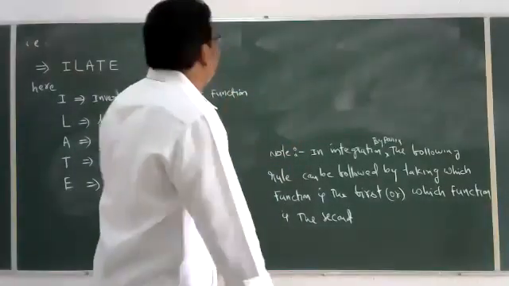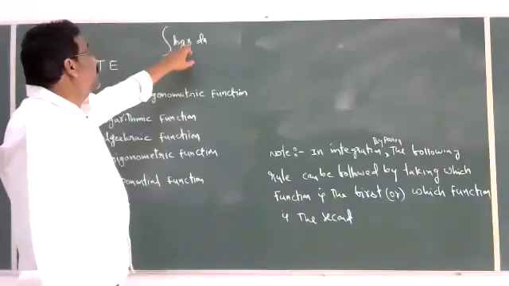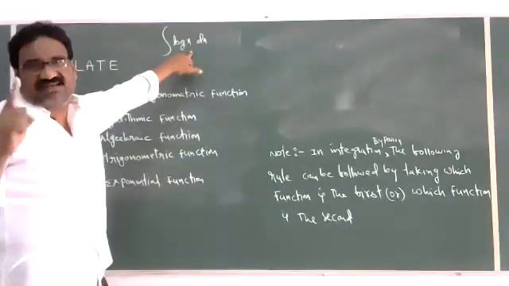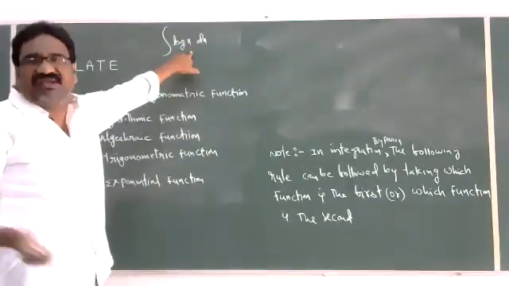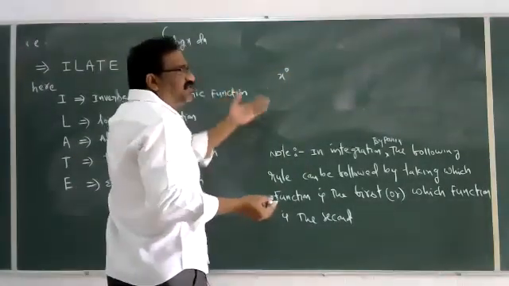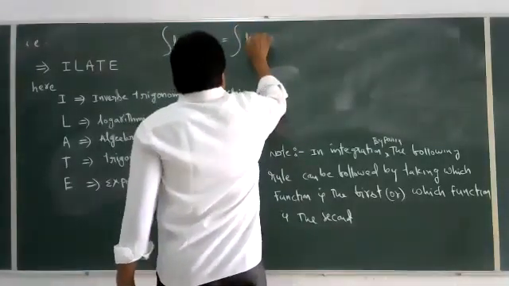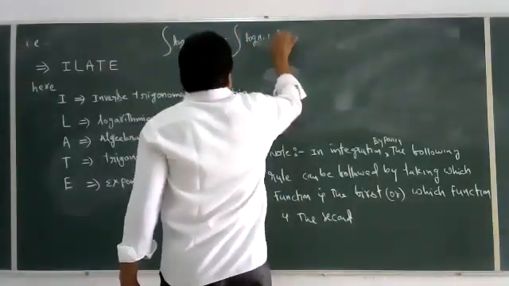Here we produce the formula. Here there are two functions. One is the logarithmic function and another is 1, into 1. 1 means algebraic function. 1 is nothing but x power 0. x power 0 means algebraic function. That is integration of log x into 1 dx.